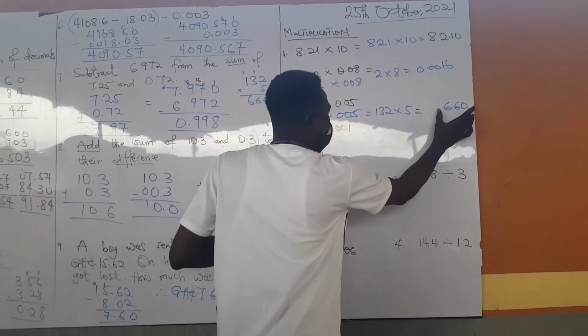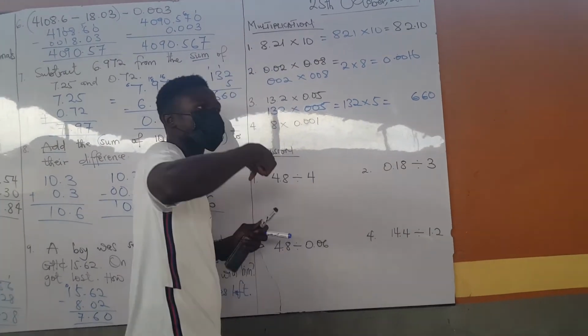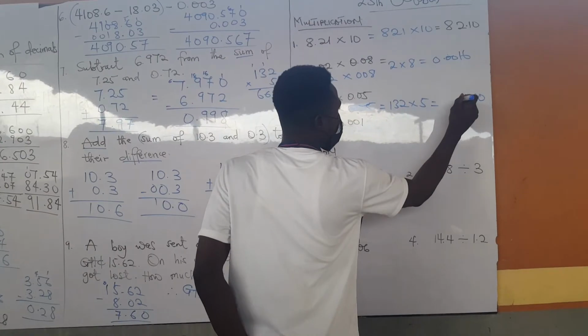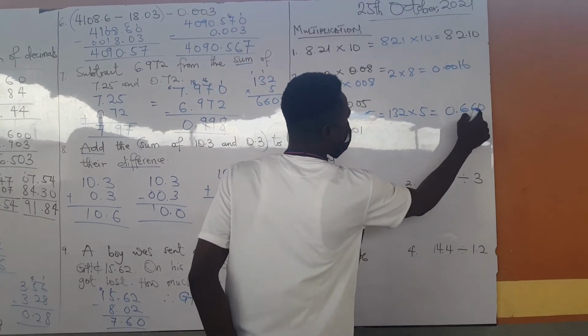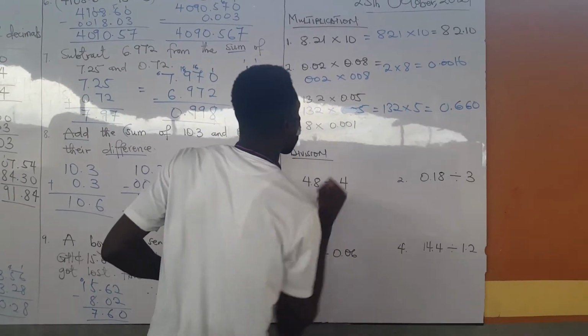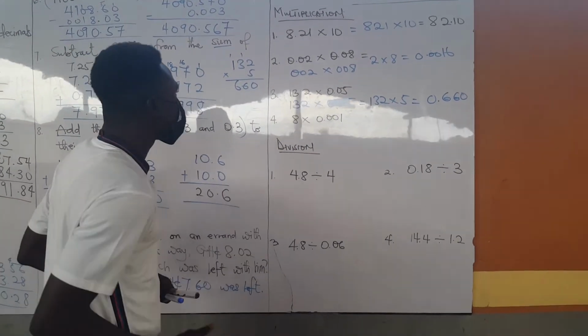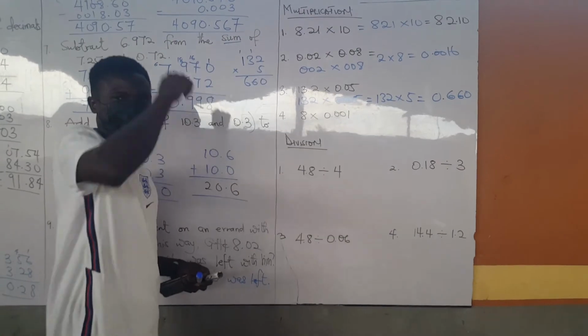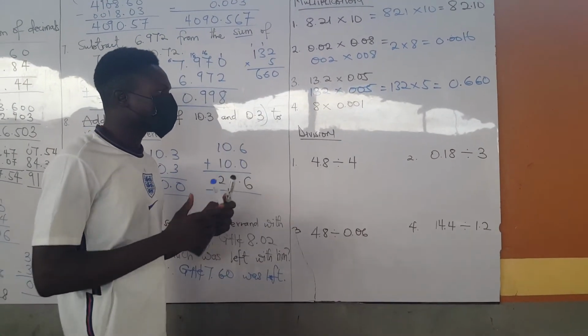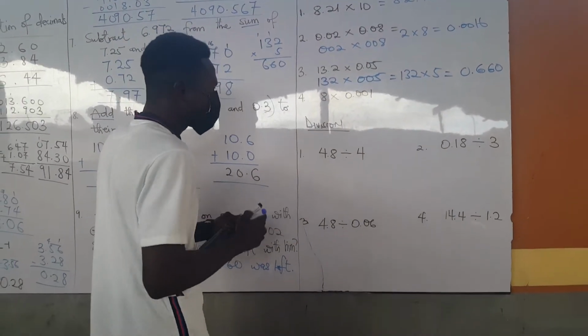So you make sure that in your answer you have 3 numbers after the decimal point, which is going to be 0, 1, 2, 3. So my answer for this becomes 0.660 or 0.66.